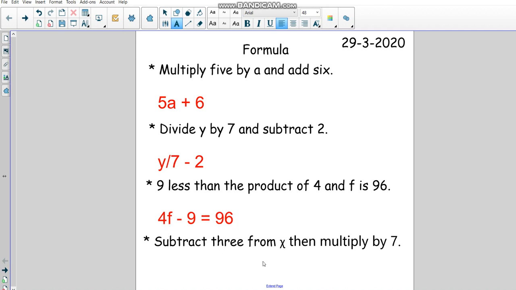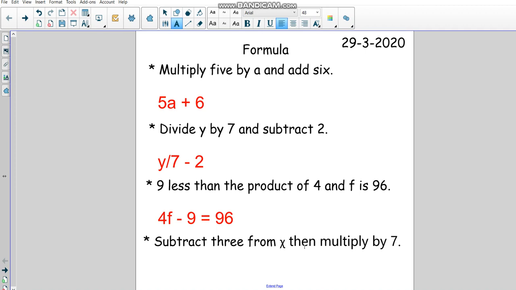Last example: subtract 3 from x, then multiply by 7. You have to take care of the word then. I will subtract 3 from x, and when I get the difference between 3 and x, I will multiply it by 7.